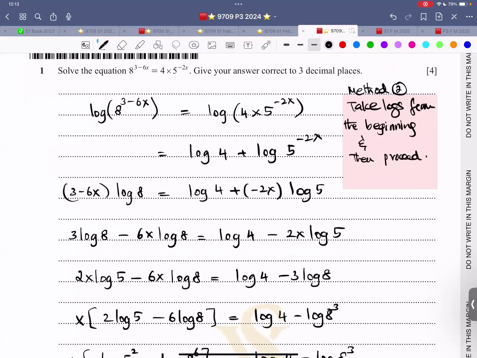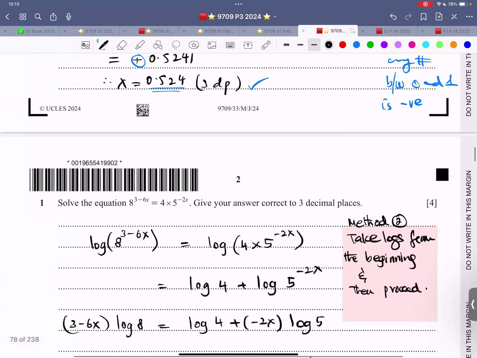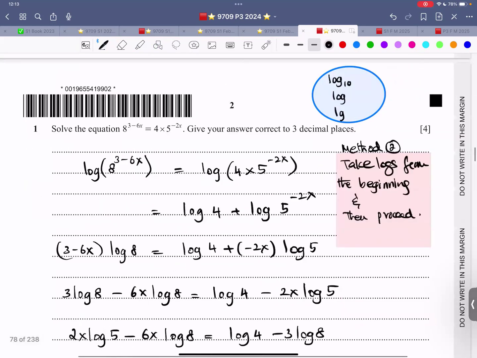So just have a good look at it. What have I done? If I write log to the base 10, that is the same thing as log or lg. So it doesn't make a difference. So log to the base 10 can also be written as log, could also be written as lg. They all mean the same thing.